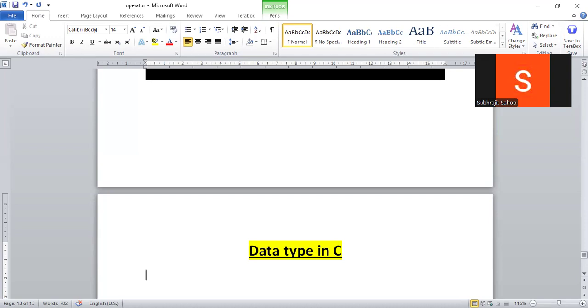It's very simple, right? So C is the first typed language. That means the data type concept was introduced for the first time in the C language, right?